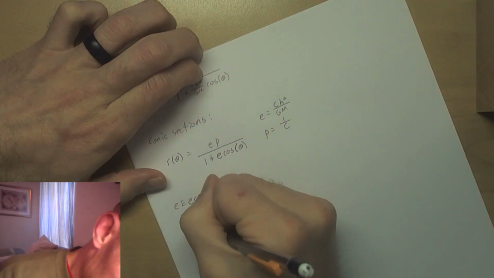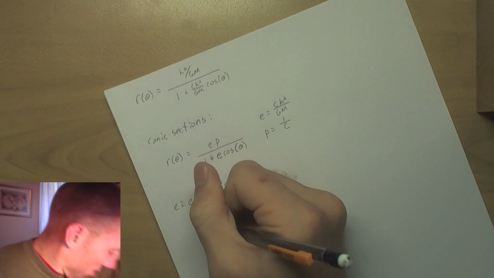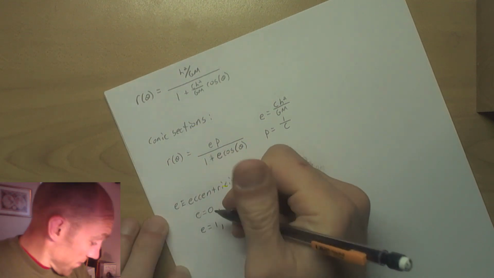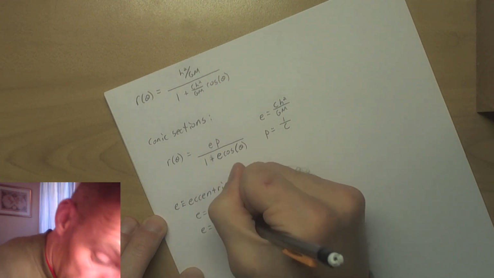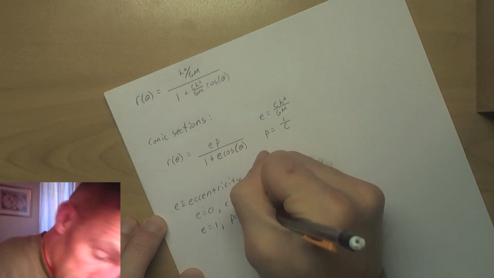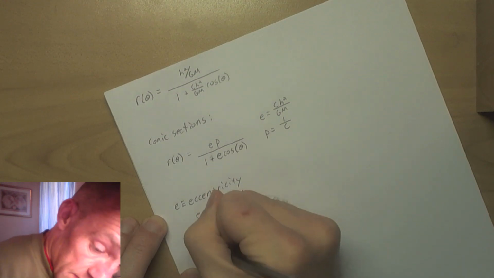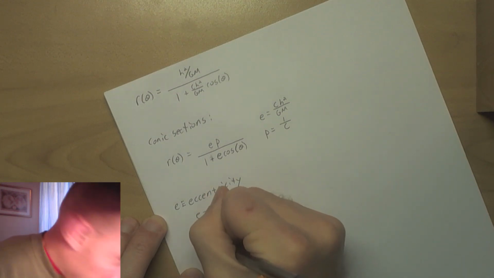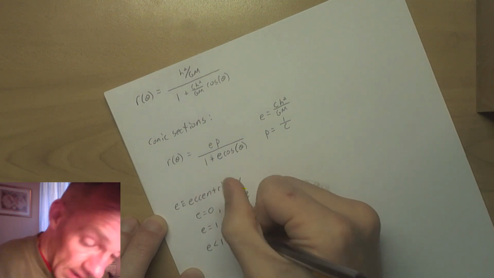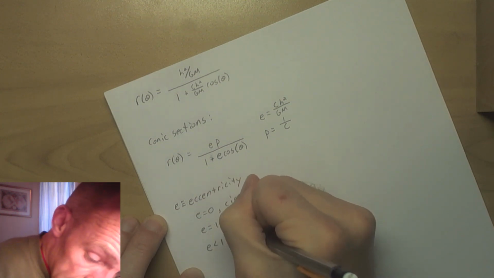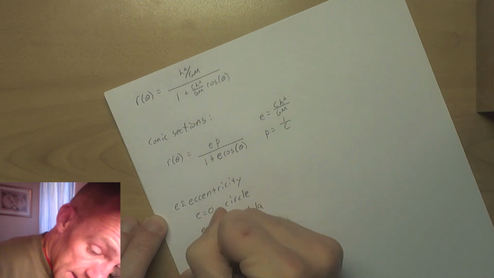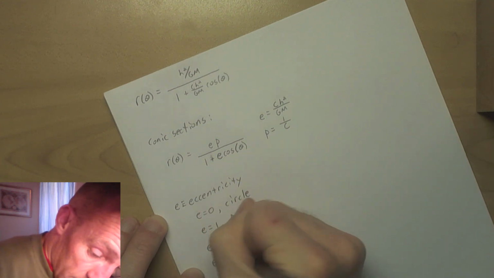If E is equal to 1, this is a parabola. And then if E is less than 1, it's an ellipse. And if E is greater than 1, it's a hyperbola.